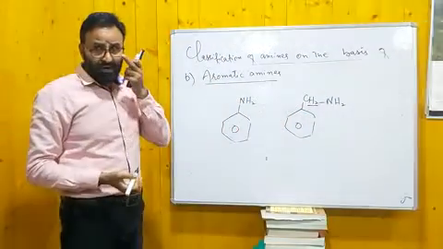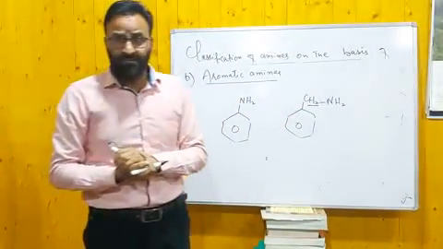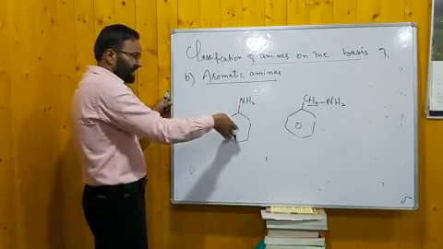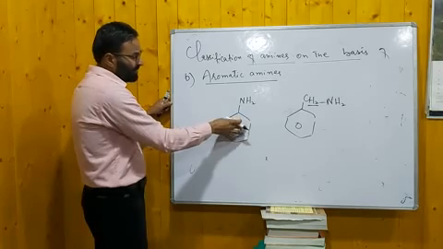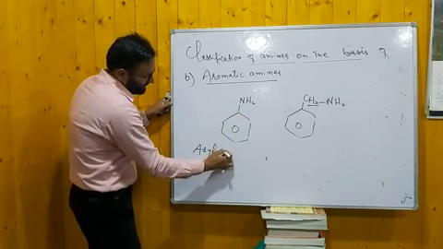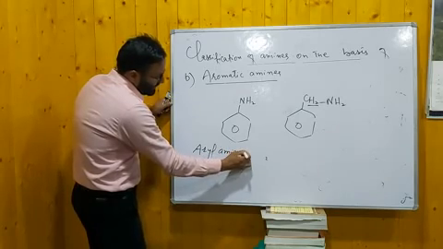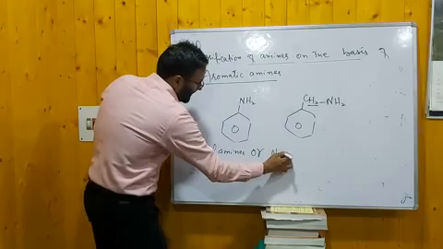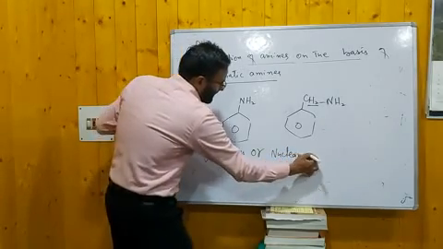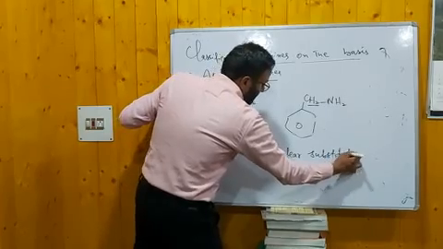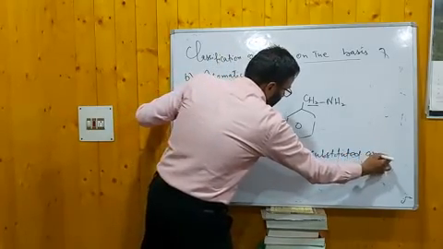These aromatic amines are of 2 types. The first one is this one. When the amino group is directly attached to the benzene ring, this type is known as aryl amines, or you know the second name, nuclear substituted amines.